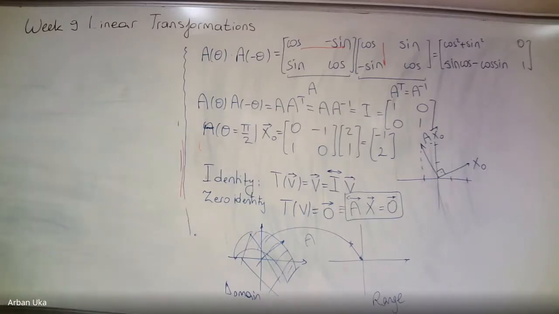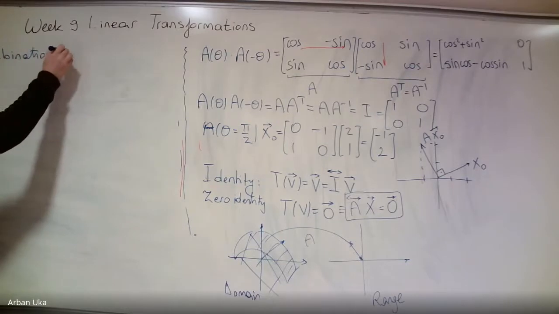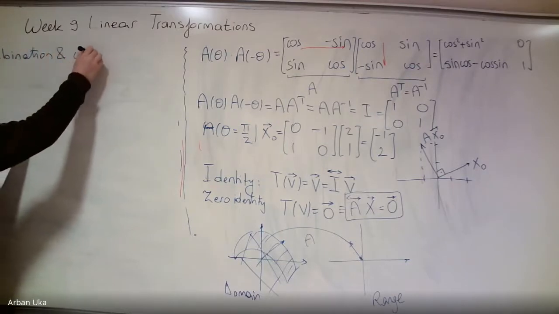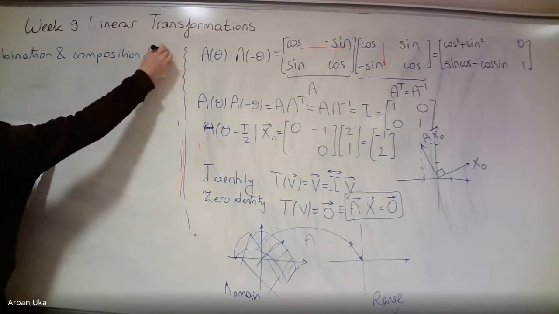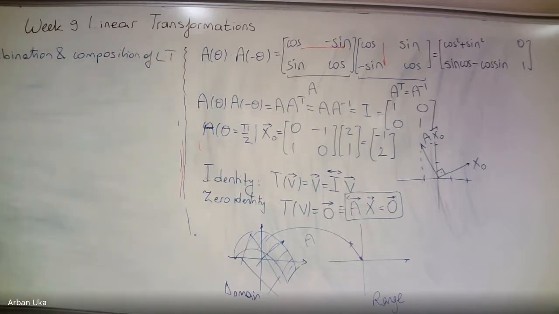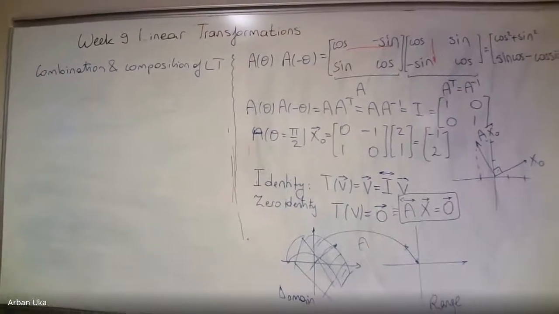Now, other linear transformations, we can consider a combination and composition of linear transformations, okay? So, can you move the camera to the left, please? Yes, sorry. Thank you. You're welcome.